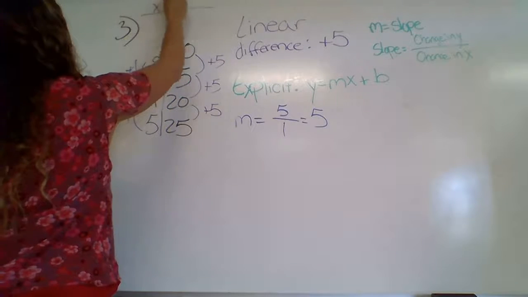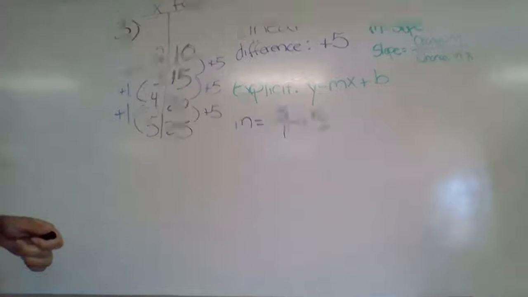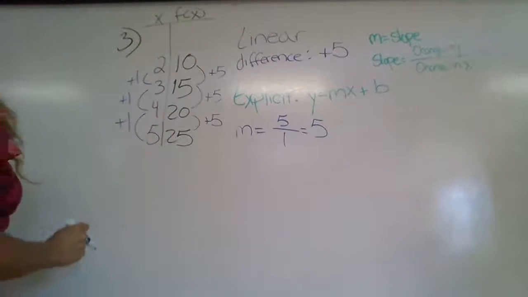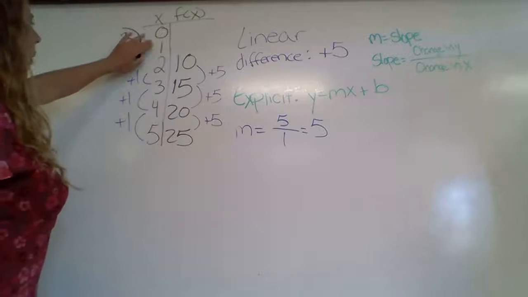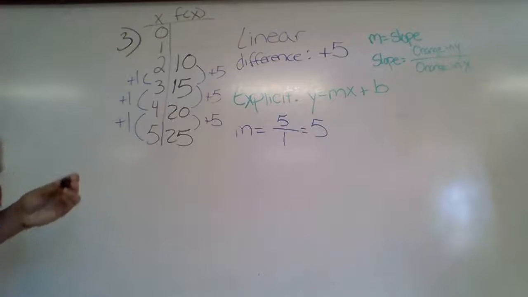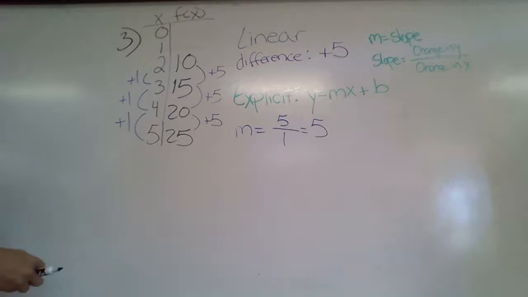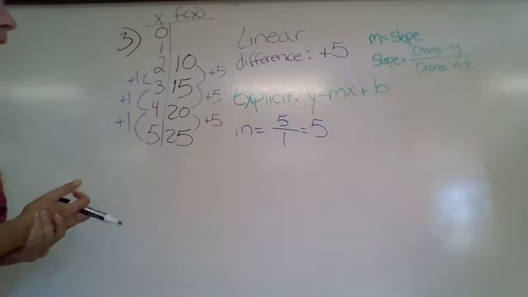So I have x and I have f of x. So when x equals 0, what's y? So you can also just do the pattern backwards. The problem with this way is it's not always going to be easy. Because sometimes maybe they'll start you out at x equals 6, and so then doing the pattern backwards takes some time.